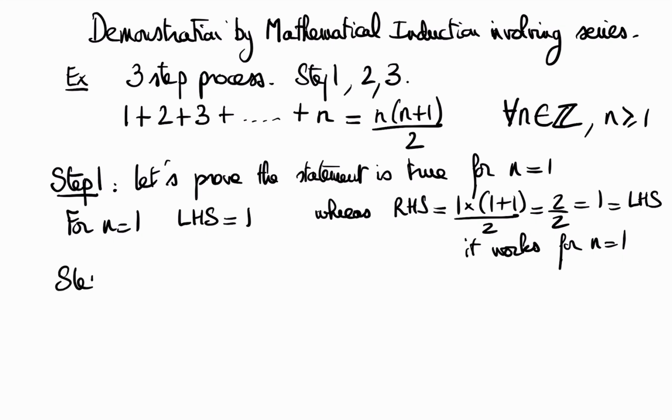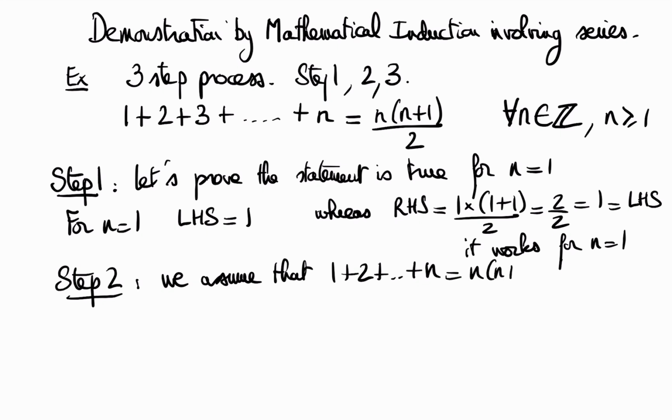Now, step 2. Now, we assume that 1 plus 2 plus ... plus n equal n times n plus 1 over 2 is true for n equal k.